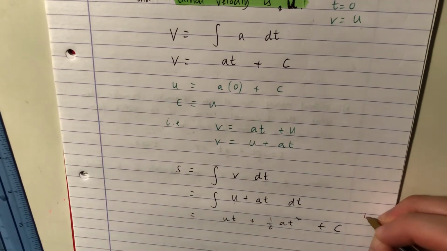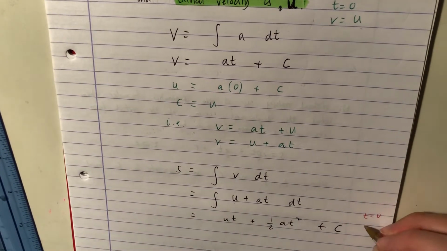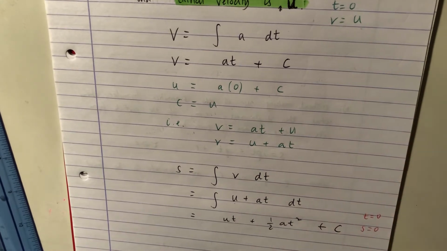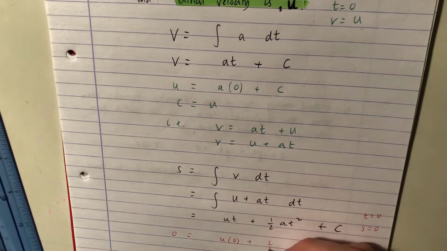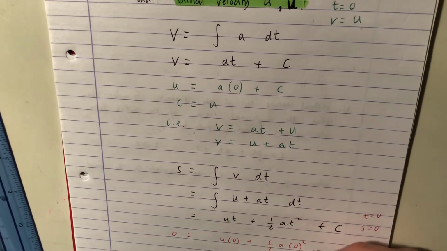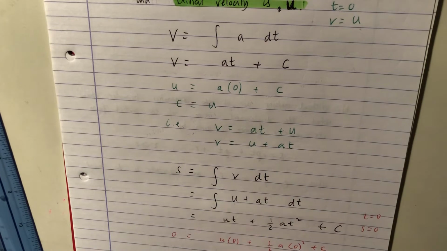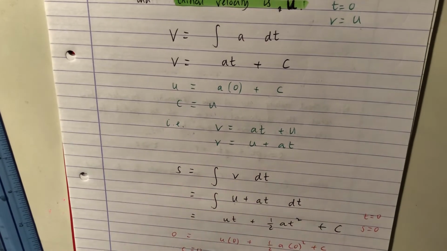Now there's enough information in the question for you to work this out. Initially, when t is 0, we assume s is 0. We assume it starts where it starts. And if you substitute that in, you get 0 equals u times 0 plus a half a times 0 squared plus c, which gives you c is equal to 0.